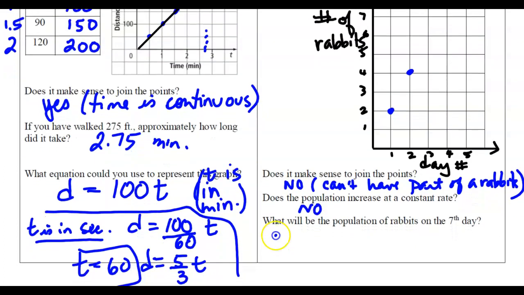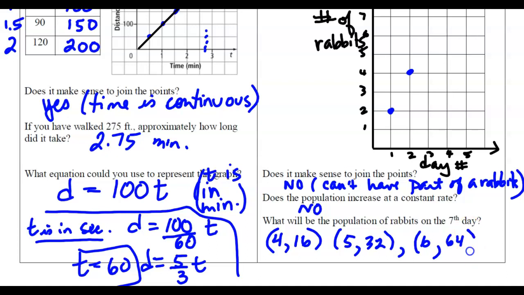So we had the 4th day was 16. 5th day would be what? 32. 6th day would be 64. And so 7th day would be 128.